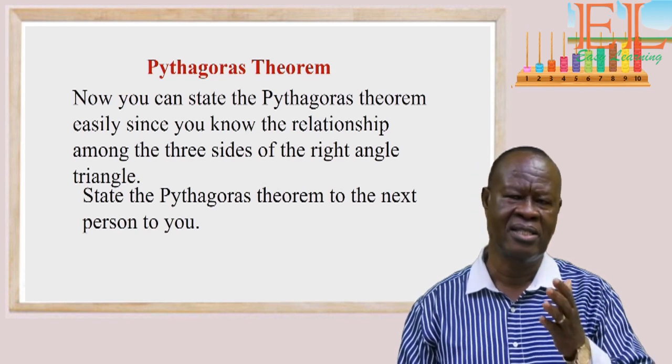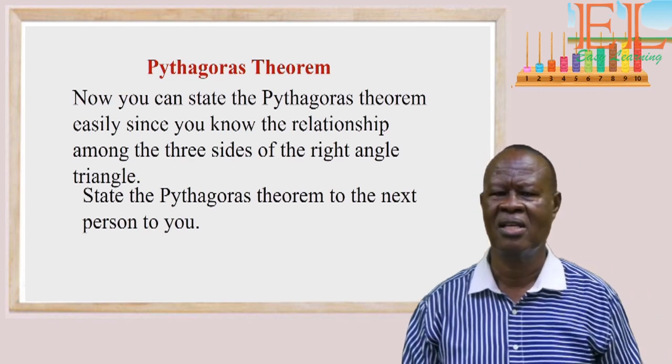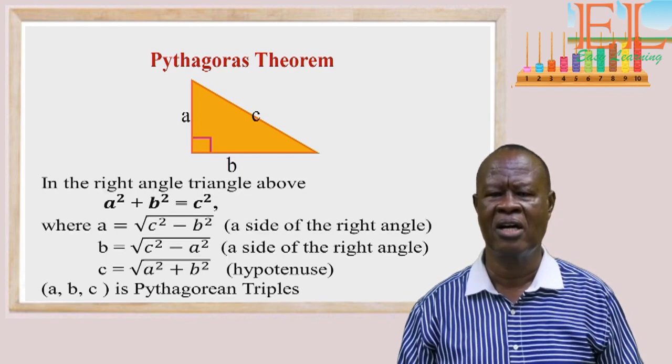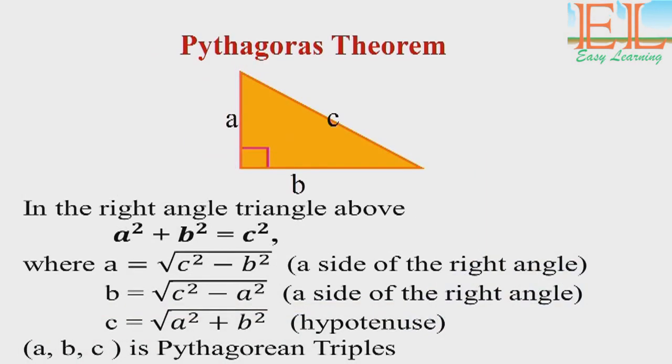I'm just helping you in this sense: in the right angle triangle above, we can say that the Pythagoras theorem is A squared plus B squared equal to C squared.